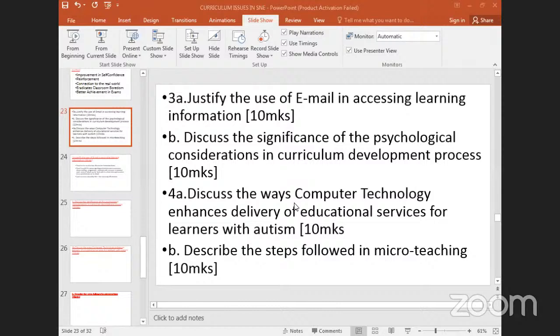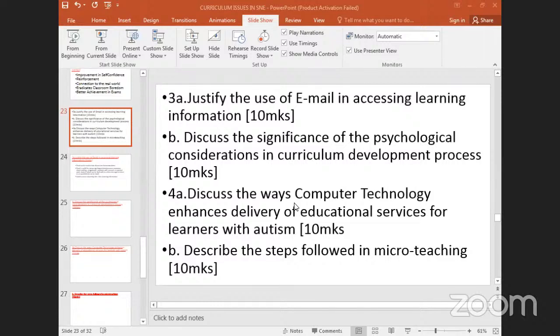Yes? Pascal, yes. Mimi na yangu ni ya guess tu. Wanasema guess siku moja utajua. It's a developmental disability that affects the communication and the social interaction of the learner.